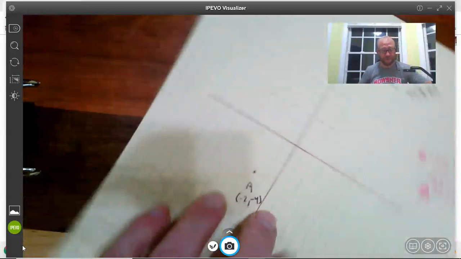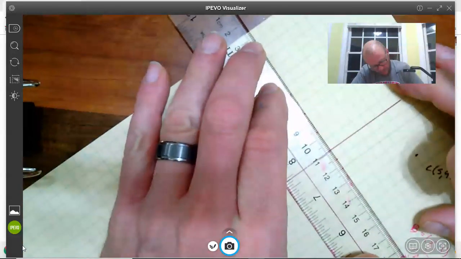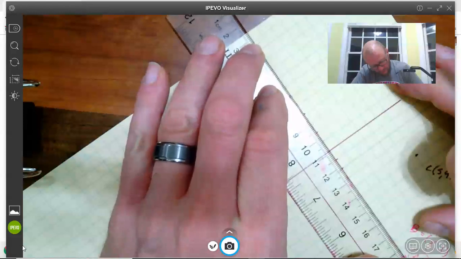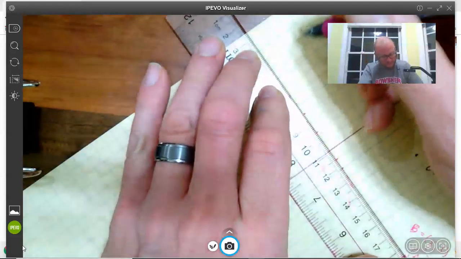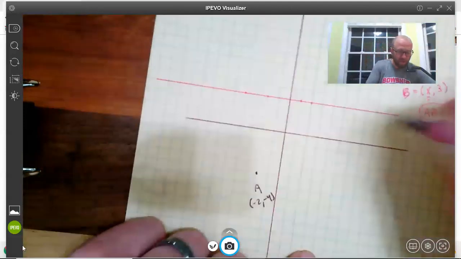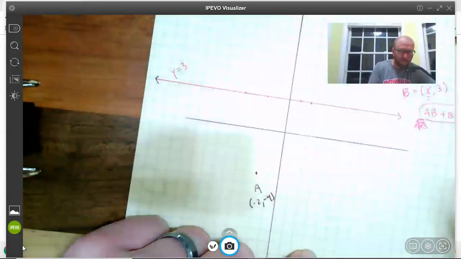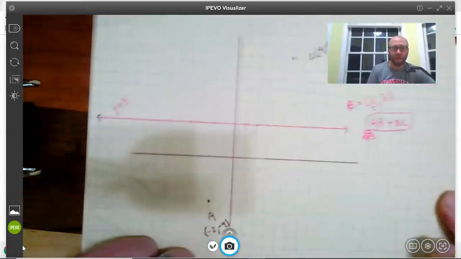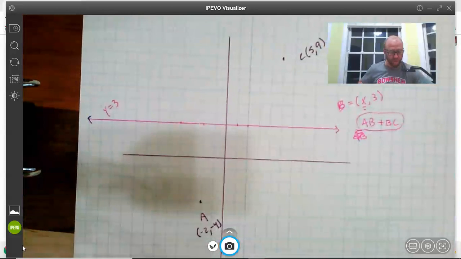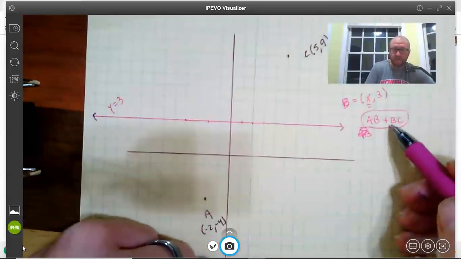In fact, it could be anything along this line, y equals 3. Anything on that line.